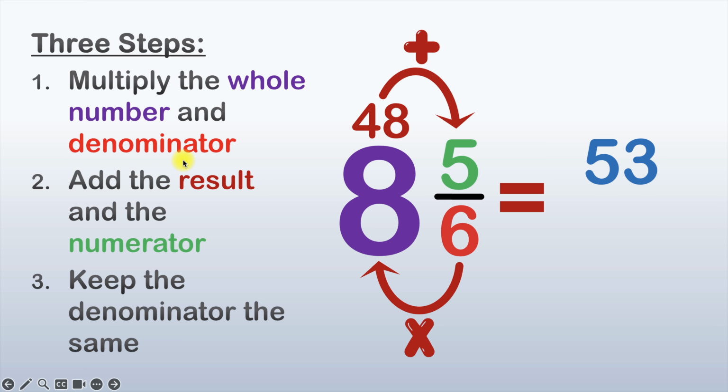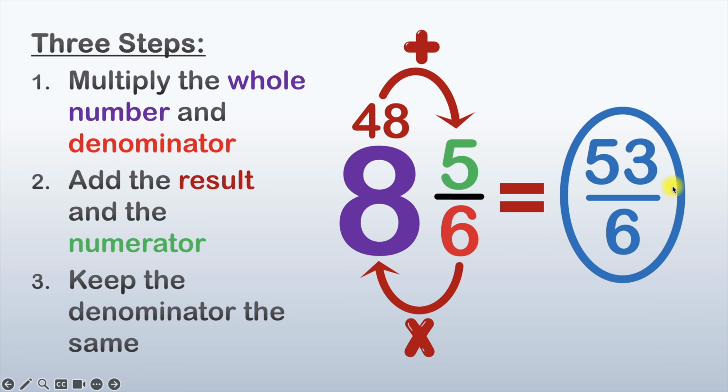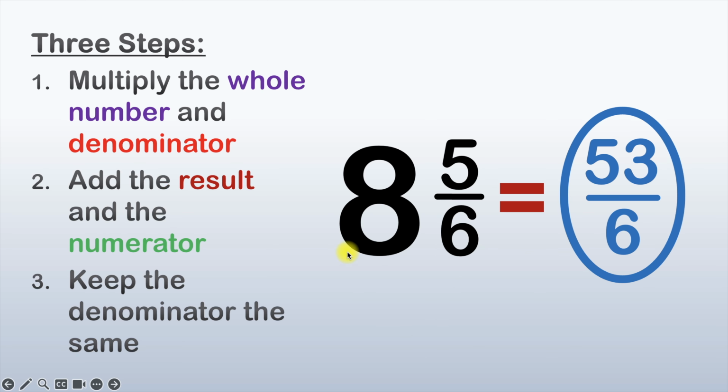Remember, our denominator is the number 6. So we'll put a 6 under 53. And that gives us our final answer, 53/6. And specifically, we could say the mixed number 8 and 5/6 is equal to the improper fraction 53/6.